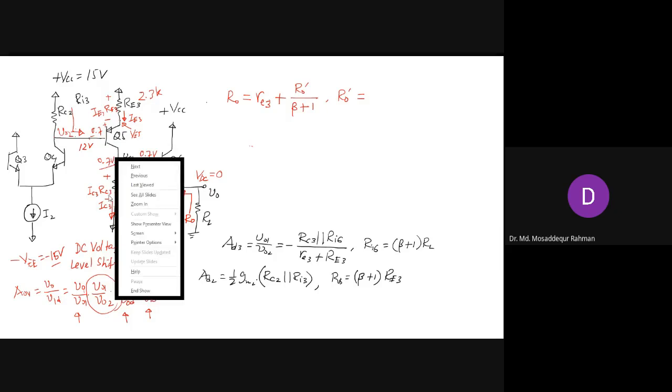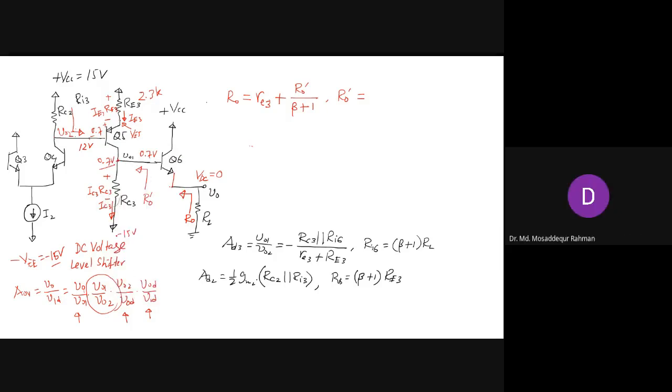Between this point and this point, and this is a DC source, and ideally this is zero resistance. So the resistance is actually zero, so that goes to ground. So between this point and ground, you have RC3. So RO prime basically will be RC3.